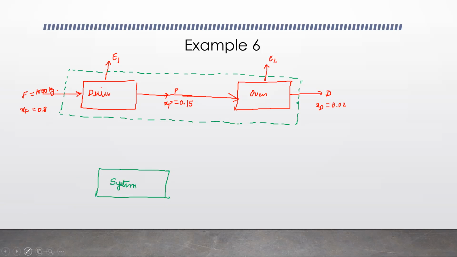In this system, I have F equals 1000 kg, XF is given to be 0.8. Then over here, E1 has been lost. P I'll not mention because it is unit to unit transfer, so it would not be mentioned in the green diagram. Then E2, and then again D with XD equals 0.02.